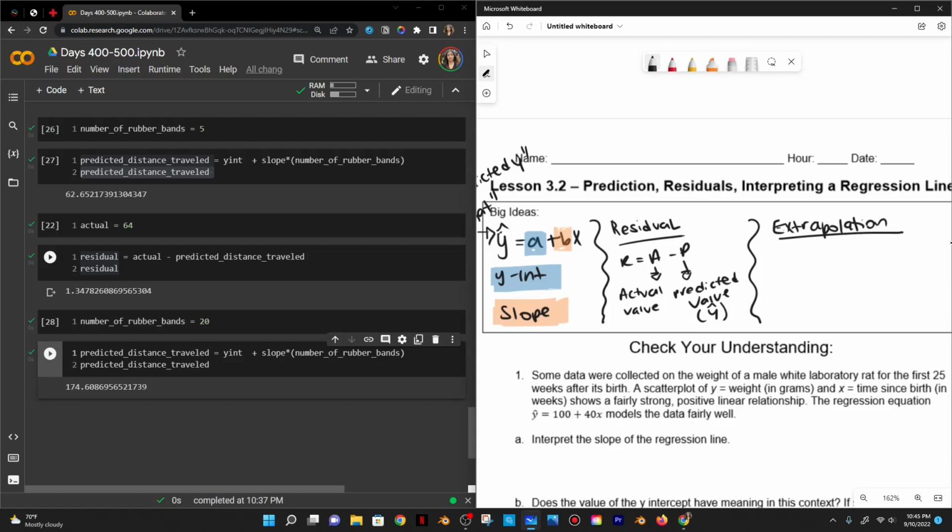So you don't want to be predicting, okay, what is the distance traveled by the Barbie when she has 500 rubber bands around her? Your least squares regression line is probably not going to give you an accurate result because that is so far away from the range within your data. I can't put that into words in writing for some reason.